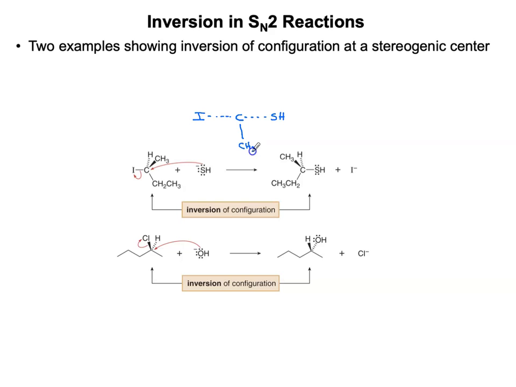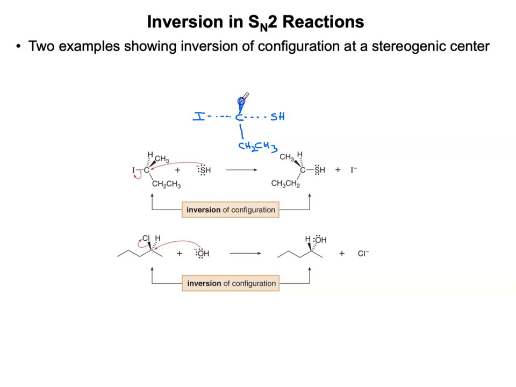So CH2, CH3. And then these both started out in the plane of the paper, or in the plane of the screen. This is also in the plane of the screen because this bond, as we said, is breaking as this bond is forming. These two, however, are still coming out toward us and going back away from us.